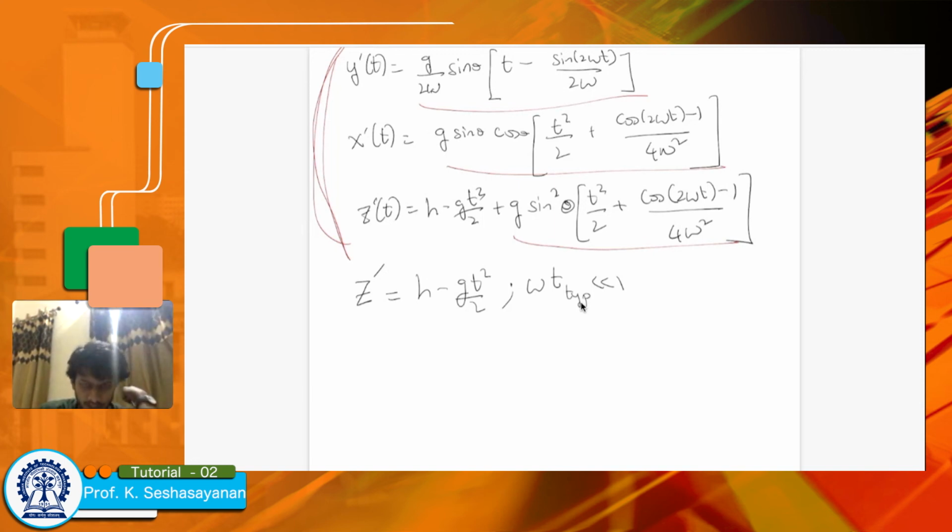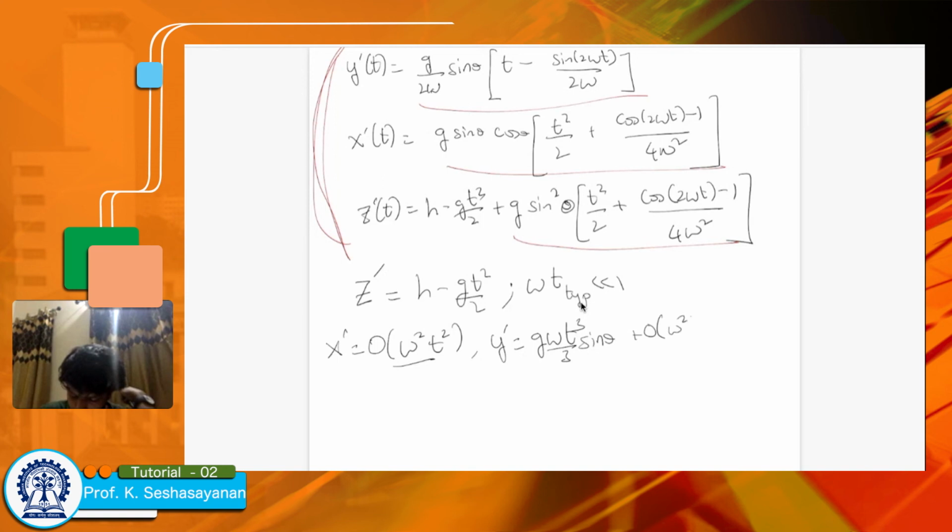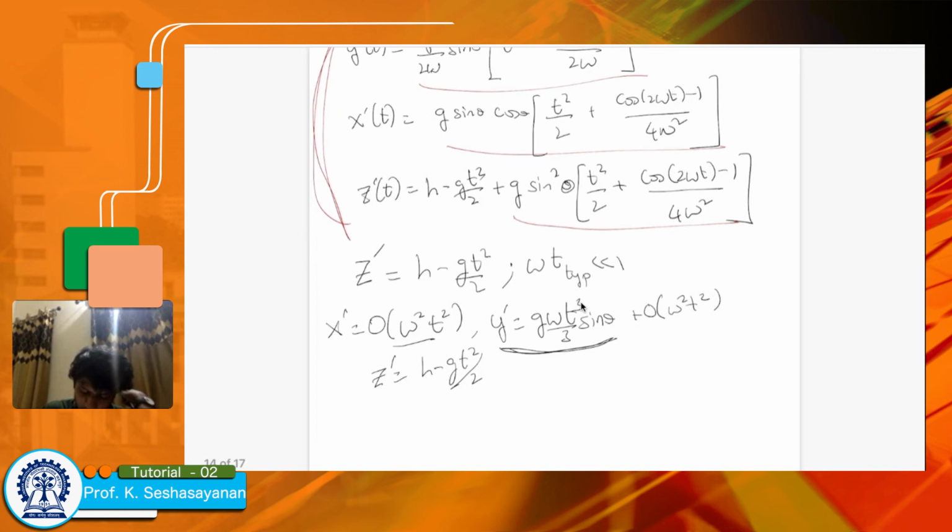So x prime is of the order of omega square t square, a very small number, so we can neglect that. y prime is g omega t cube by 3 times sin theta plus something negligible, and z prime is equal to h minus gt square by 2. So the leading order contribution comes from y prime.